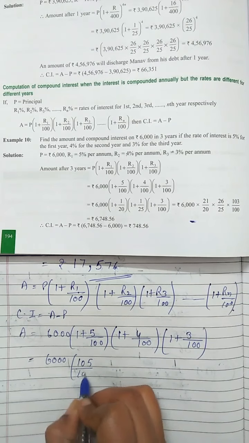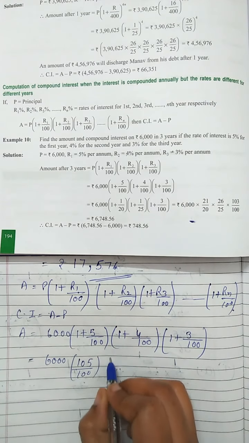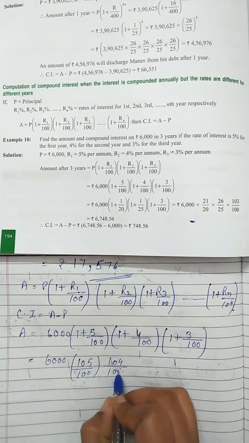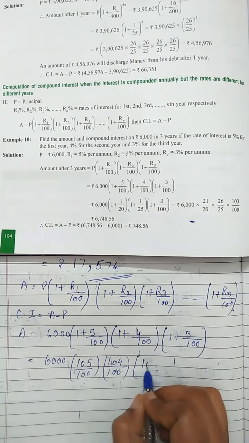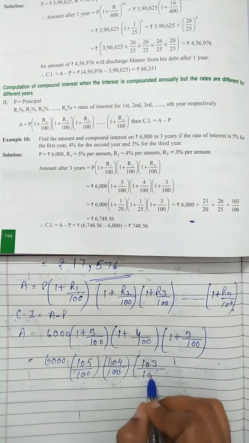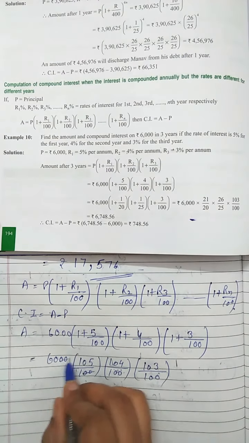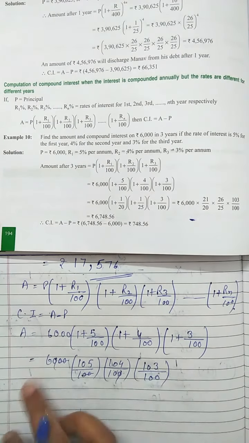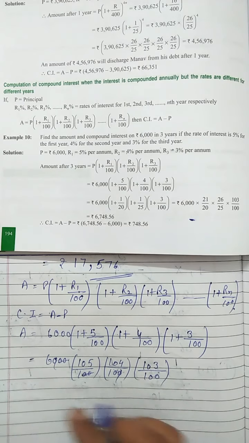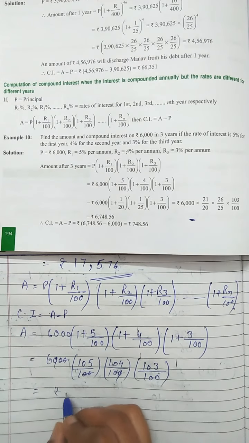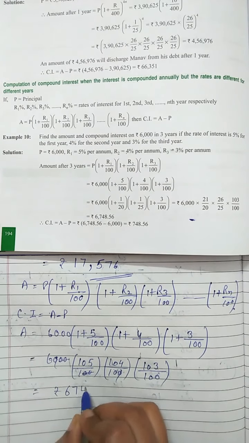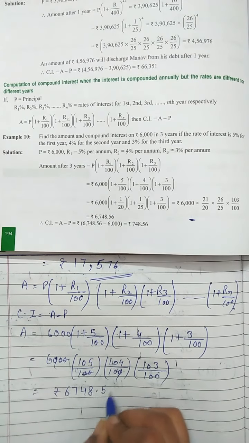Okay, so simply we apply this formula, and now we calculate it. 105 upon 100, 104 upon 100, and 103 upon 100. Okay, now we calculate it. Zeros cancel with zeros. After calculation we get our answer rupees 6,748.56.